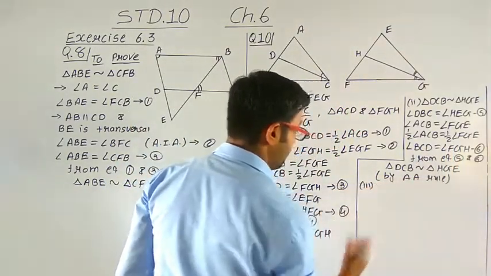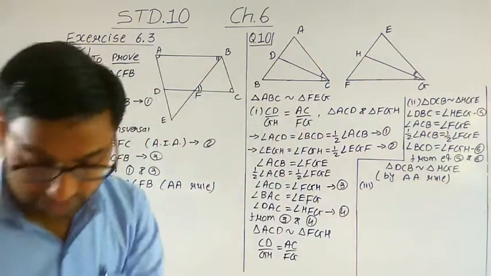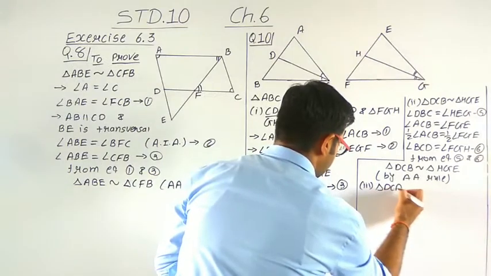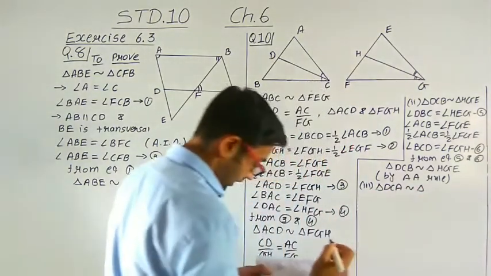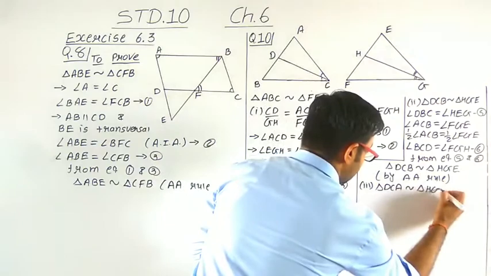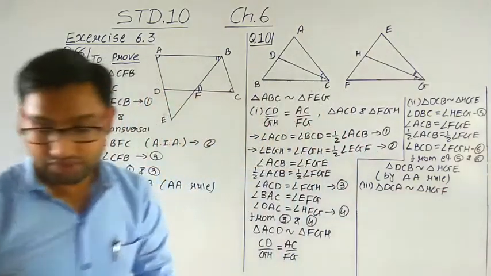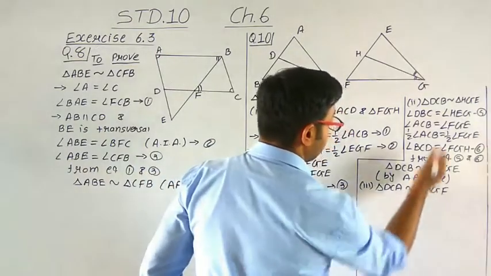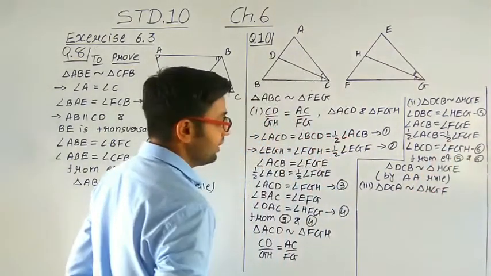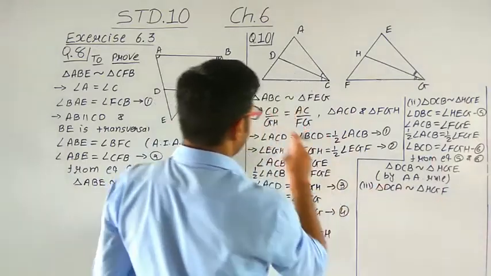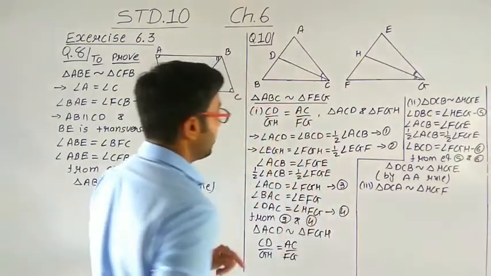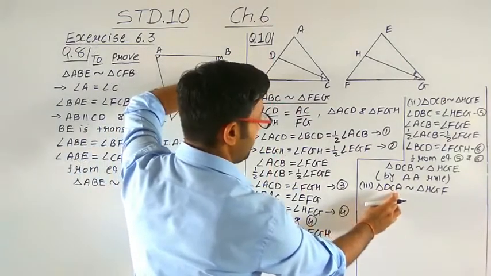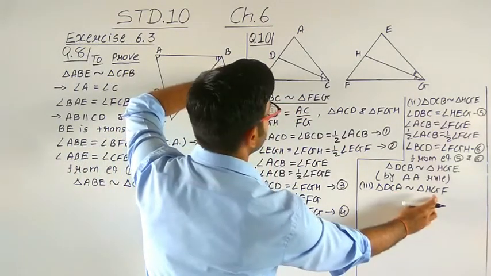Now the third thing that we have to prove is that triangle DCA is similar to triangle HGF, right? We have to do the same thing here. See, in both these triangles, from the given condition, which angle can we take? Angle A is that, and angle F is that.